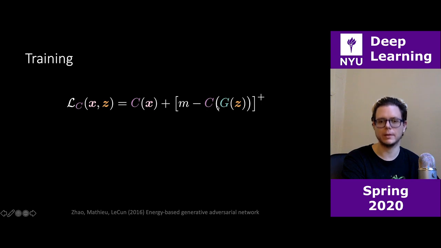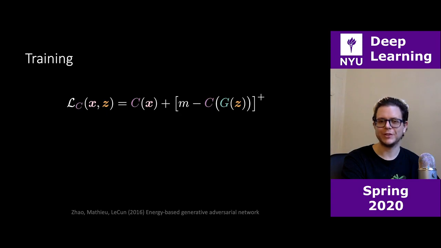For inputs that are coming from the generator, and instead a cost that is equal to 0 is promoted by this term over here. So this is an example of a possible loss we can use for training the cost network. This is done in this paper here by Jake, Michael, and Yann from 2016.